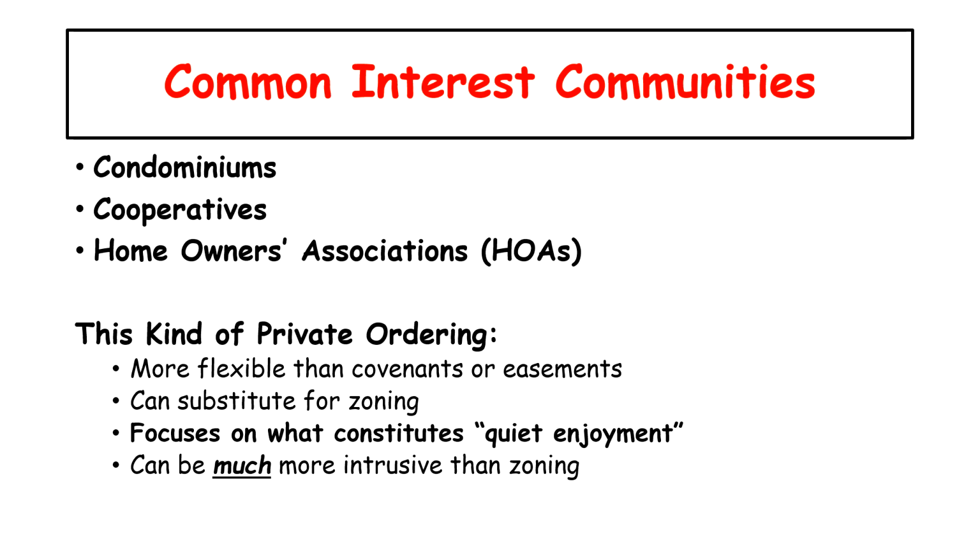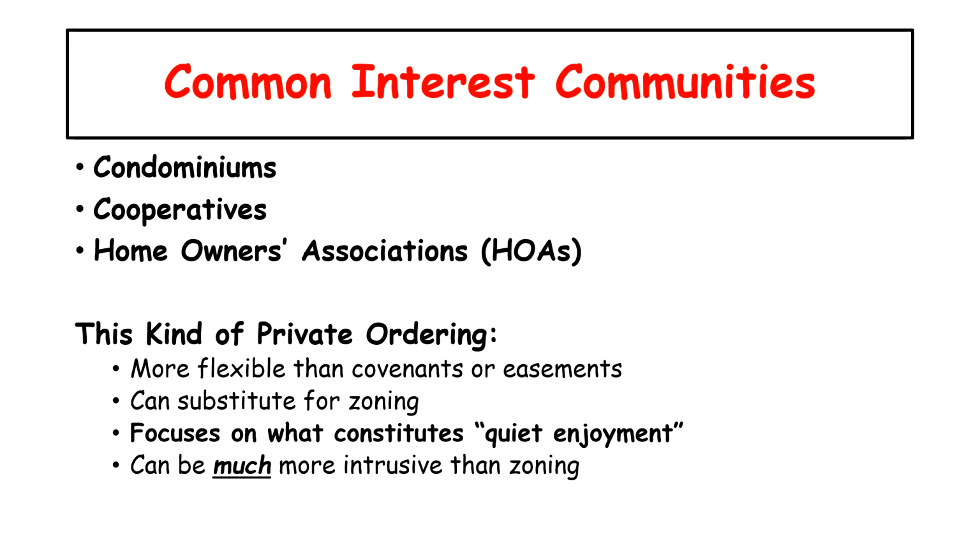Cooperative, condo, and homeowner association rules are easier to change than covenants and easements. The fact of them is recorded, right? The fact that there are covenants, easements, and restrictions is recorded. But the text of the various rules is not. The text of the rules can be changed by a majority vote of the HOA board, the condo board, or the co-op board.